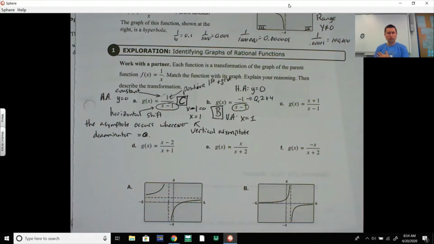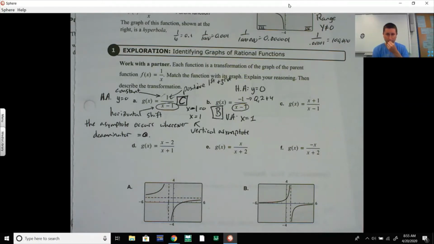Okay, C, D, E, and F. You notice now that we have variables on top as well. In A and B, we just had a constant up there, which makes things easier. When we start getting variables on top, we start adjusting the graph up and down as well.